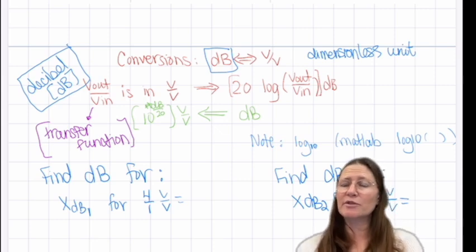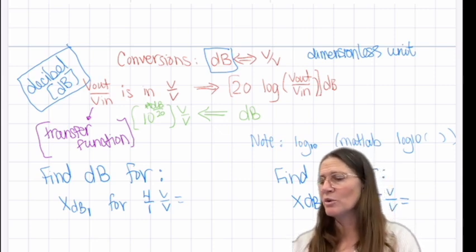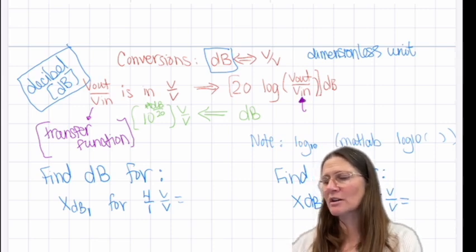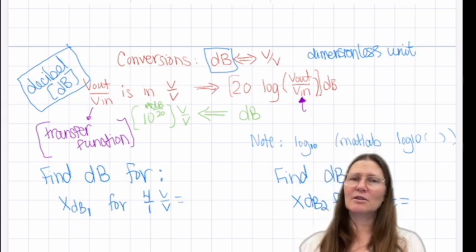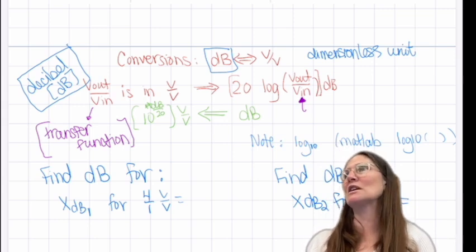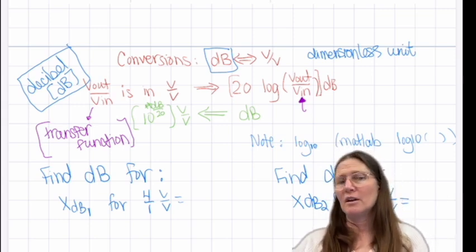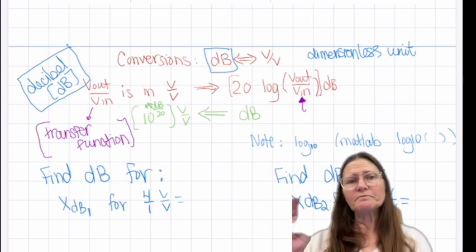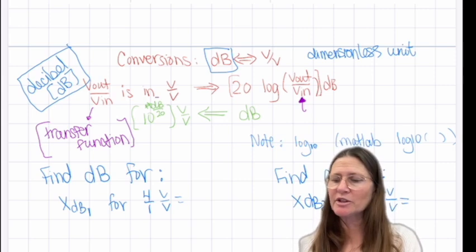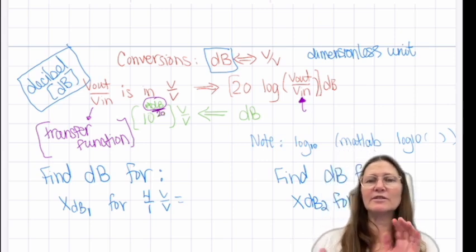To convert to dB, we take the log of that value and then multiply it by 20. That gives us the unit in dB. To go back from dB to volts per volt, we take our dB number, divide it by 20, and then raise 10 to that number.